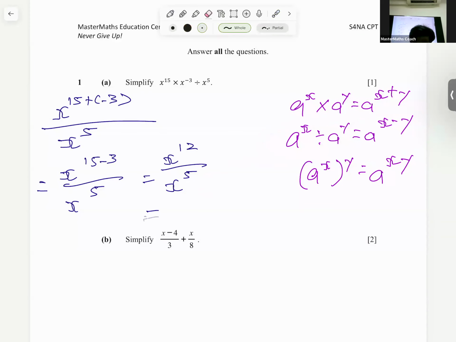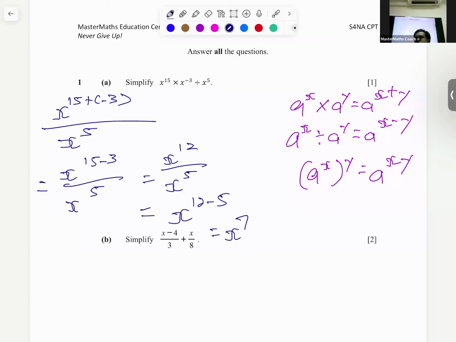This will be x to the power of 12 minus 5, which is x to the power of 7. Okay, the rules are very, very important.